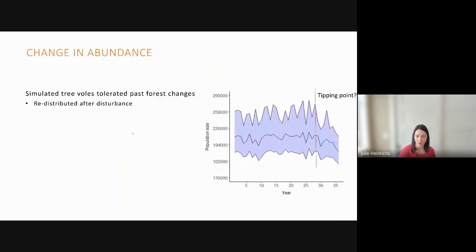Looking at all tree voles together in an abundance summary here, we saw that in much of the early time series, the forest change didn't seem to be impacting the landscape's potential to host that many voles. But then at some point we saw a bit of a decline, and it's unclear whether this is a decline that the species will recover from, or whether the trajectory will continue to decline.